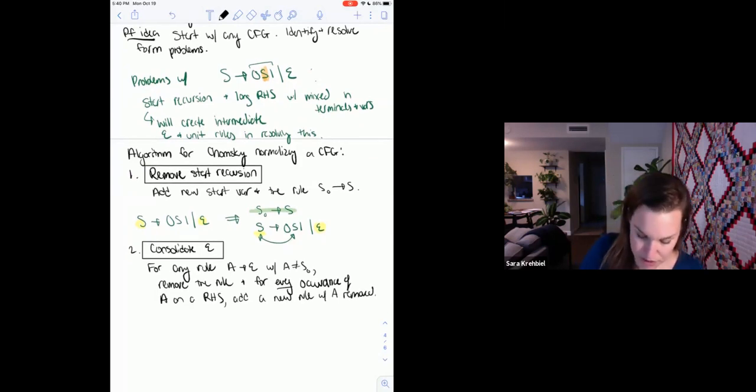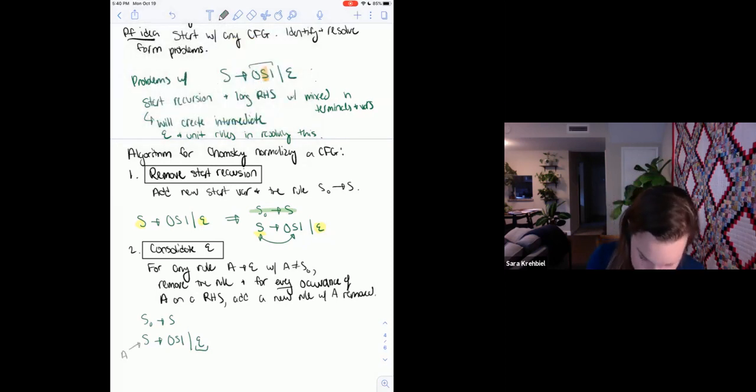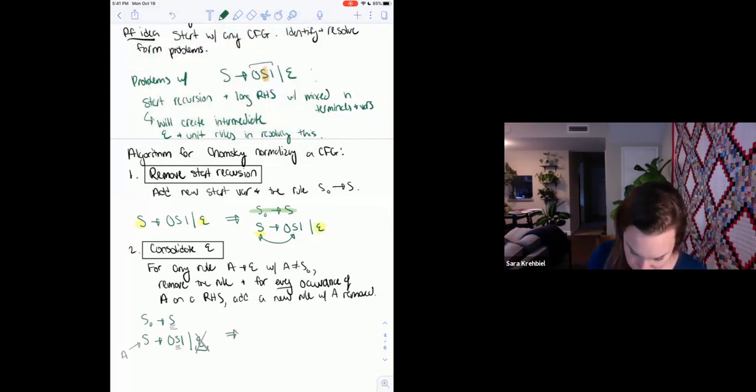So let's think about what this means. We'll start with where we left off, where we have a new start rule, and we have our old recursion, but we have this problematic epsilon. So in this example, this guy is our A, and we're going to get rid of this epsilon rule. But what we're going to do is say whenever we see S on the right-hand side of any rule, I'm going to add a new rule with that S removed.